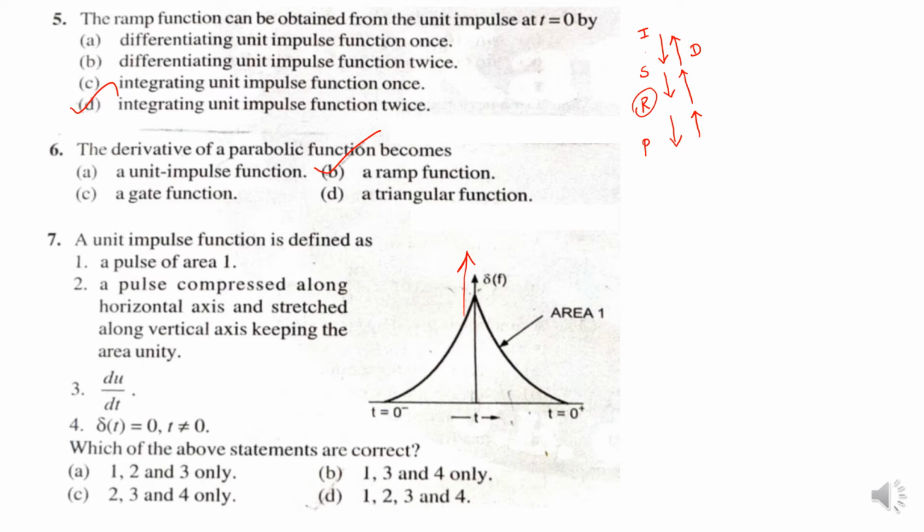And delta of t equal to 0 for t not equal to 0, this is the representation of the unit impulse function. When t is equal to 0, we get the impulse. For all other values not equal to 0, the impulse function is also 0. So all the answers are correct. So 1, 2, 3 and 4 is the correct answer.